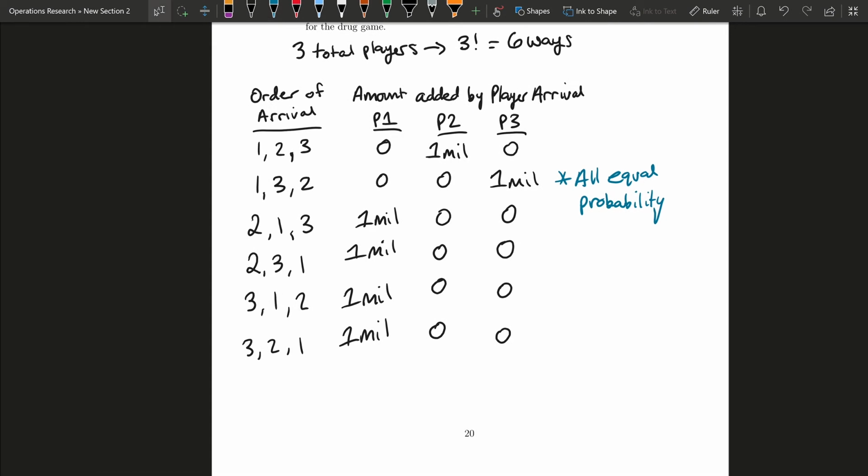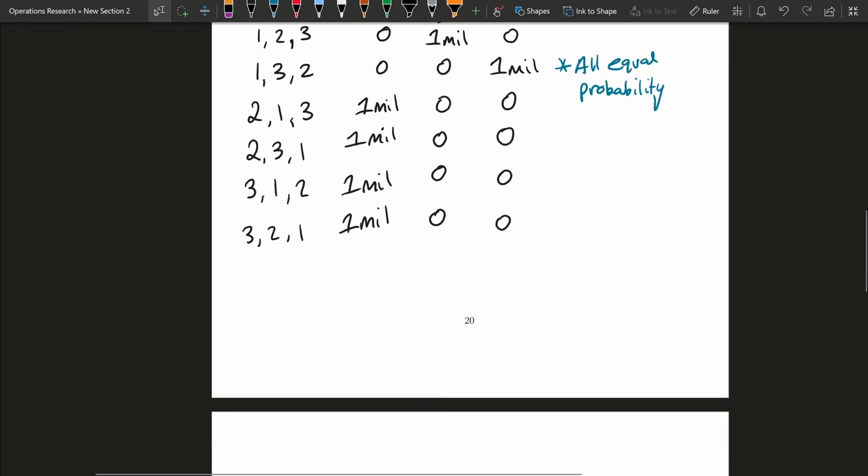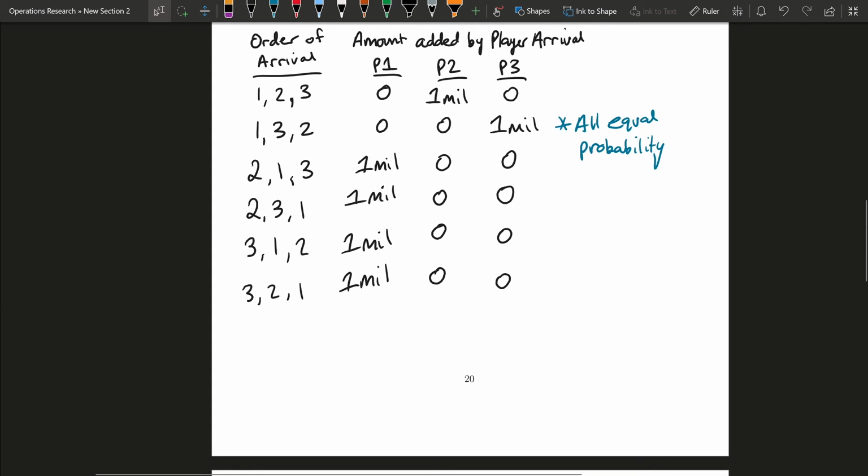We should treat them all equally. So now what we're doing is, in order to find the amount that player 1 should make, we're going to sum up all of these amounts that they're adding and then divide it by the total number of arrivals, which is 6 in this case.